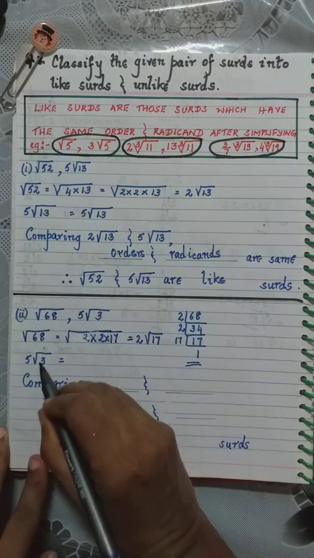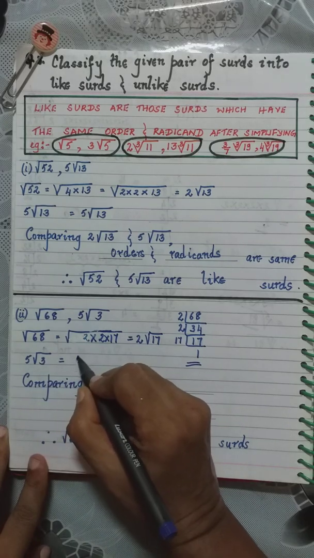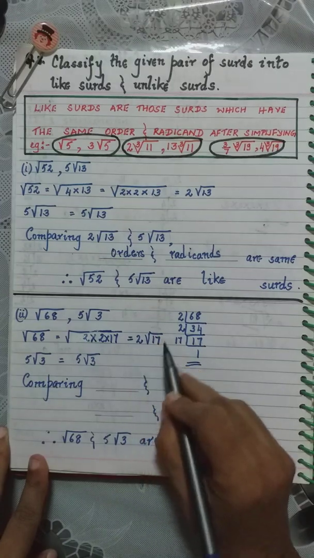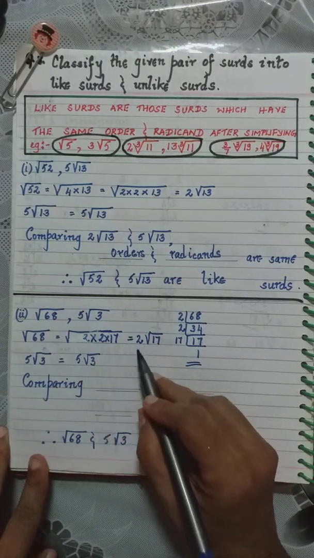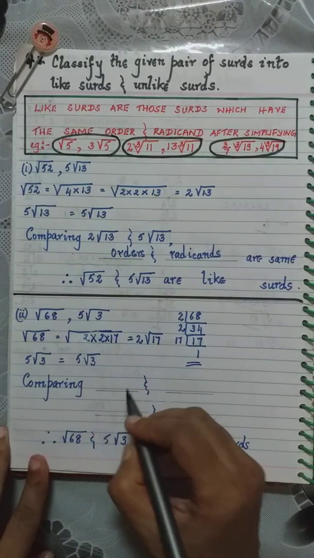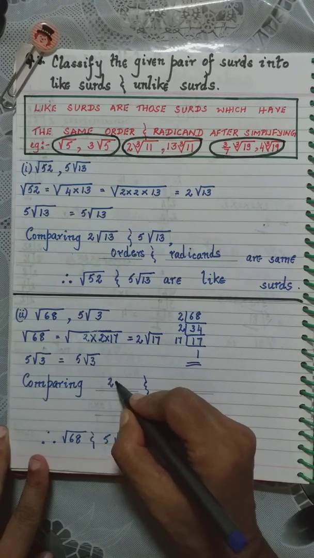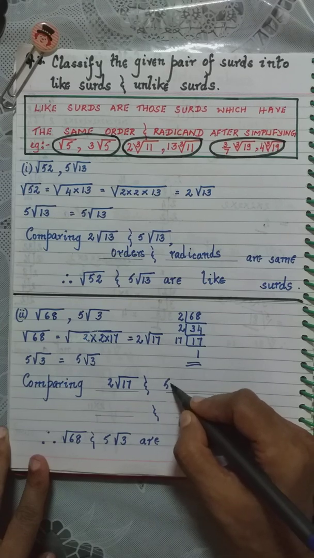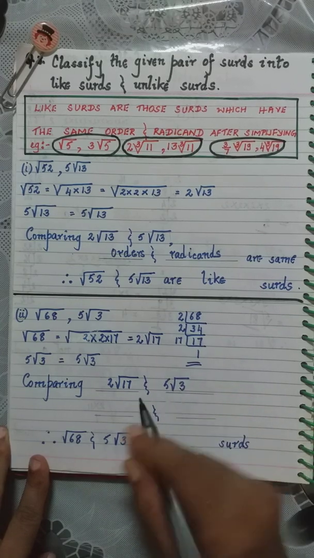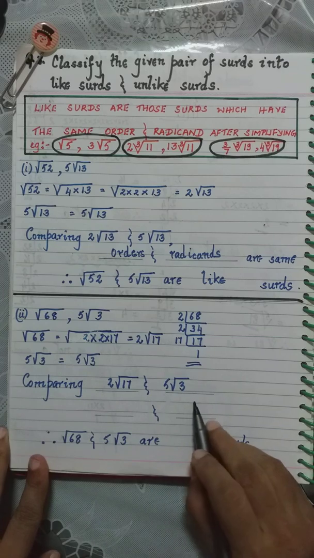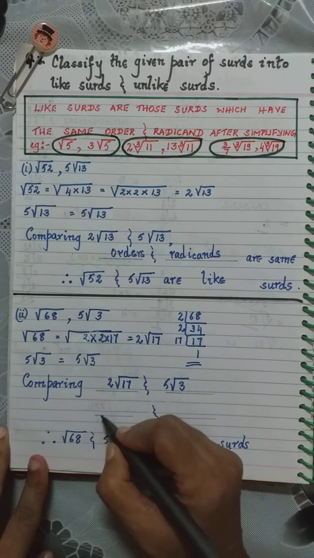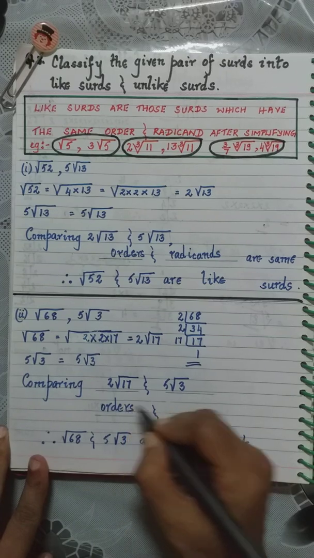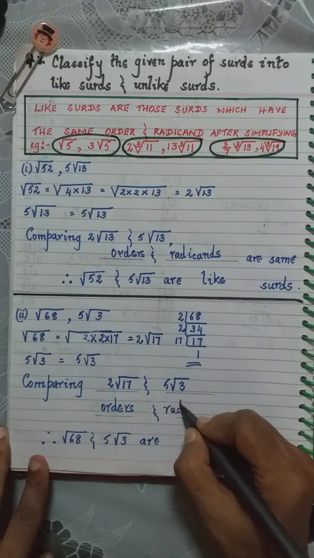Now we have 5 root 3. 3 is a prime number, so that is written as it is, 5 root 3. Now we can compare these two, which is 2 root 17 and 5 root 3. Comparing 2 root 17 and 5 root 3, orders and radicands.